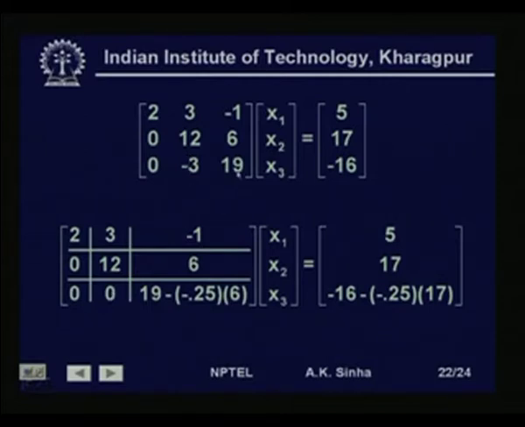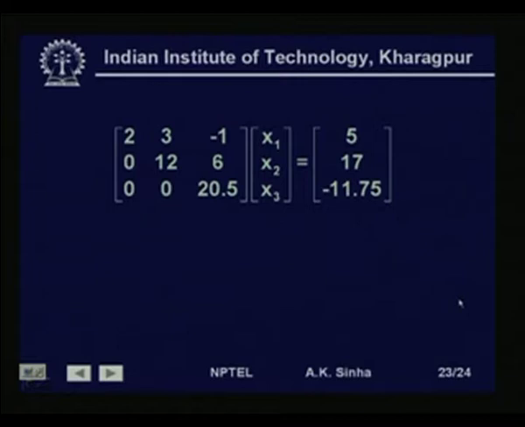And we have this 19 minus 0.25 into 6. So, this is what we have got here, and here what we have is minus 0.25 into 17 to be subtracted from this minus 16. So, minus 16 minus 0.25 into 17.